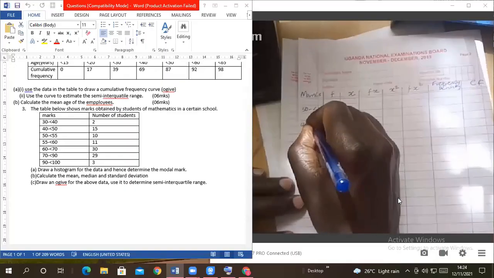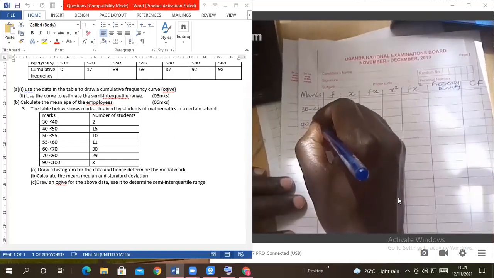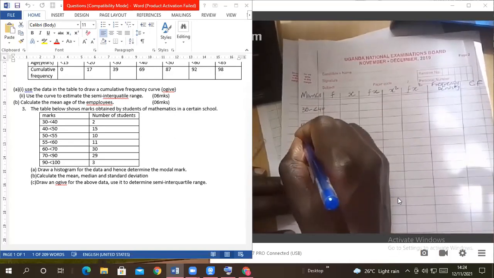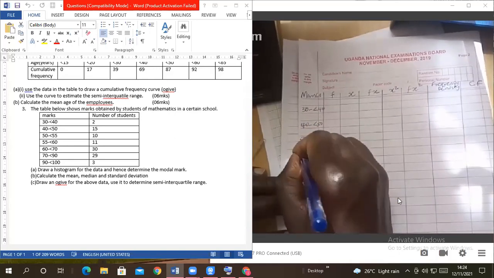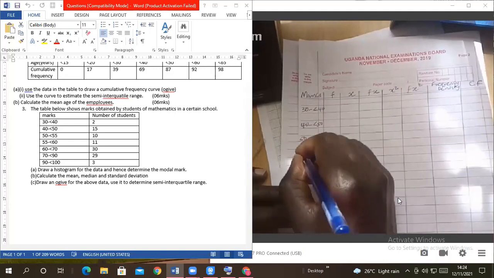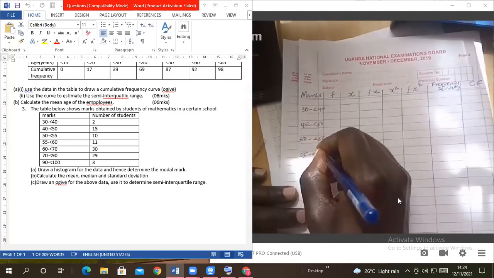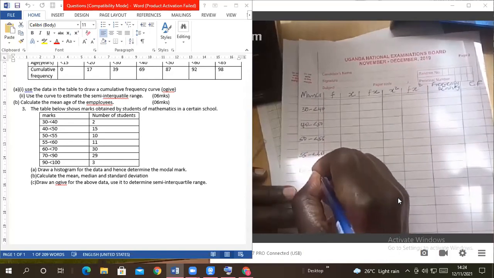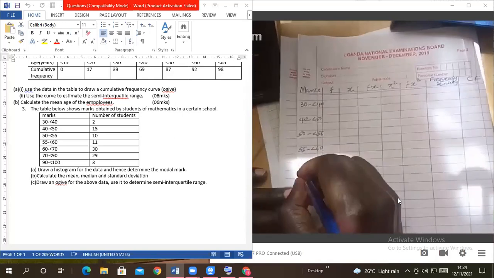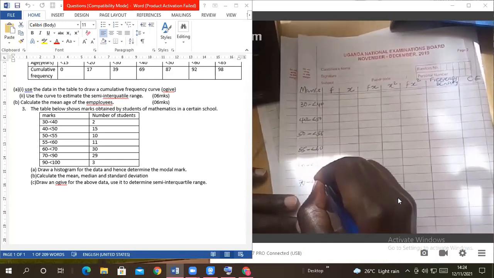Okay, so 30 less than 40, 40 less than 50. Then you have 50 less than 55, then 55 less than 60. Then 60 less than 70, then 70 less than 90.